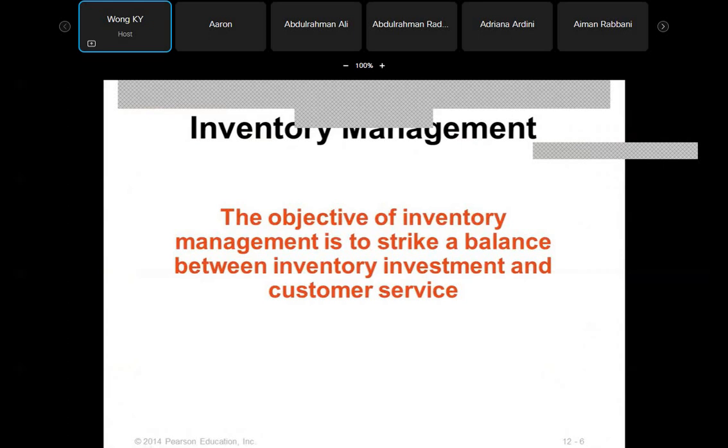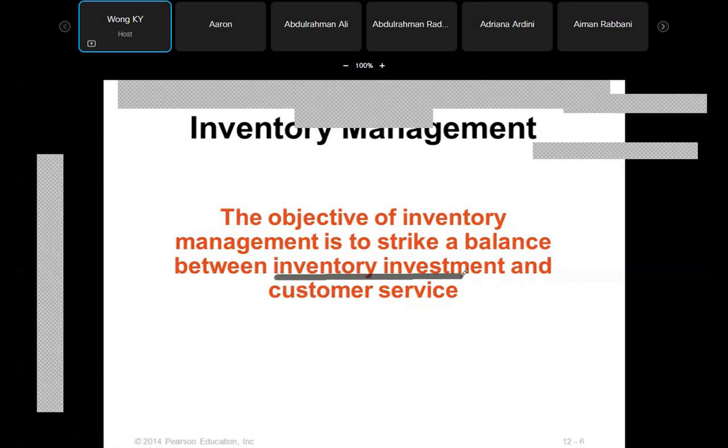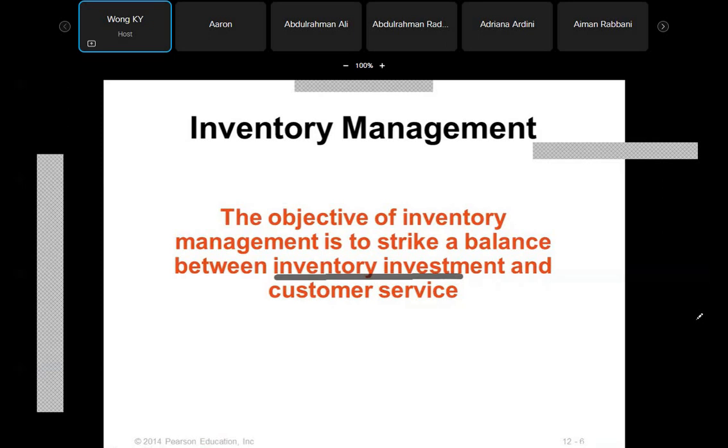Right, so what is inventory management? What is the objective of inventory management? So the objective of inventory management is to strike a balance between inventory investment and customer service. Now, what is the meaning of inventory investment? It means how much inventory we should keep. What is the quantity of inventory that we should keep? And also, what is the cost of keeping that inventory?